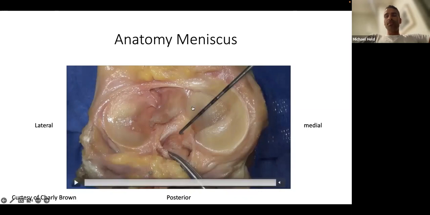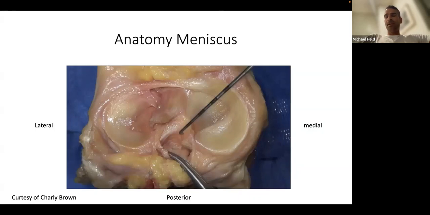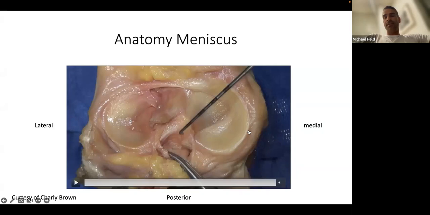And if you want to repair it, you also need to find out where to put the tunnel. So, posterior root, lateral meniscus, posterior root, medial meniscus, and then the PCL. And we know the lateral meniscus is quite C-shaped. It doesn't have a fixed attachment to the tibia compared to the medial meniscus, which is connected into the meniscotibial fibers, and the MCL basically, and is very, very rigid around the medial side.